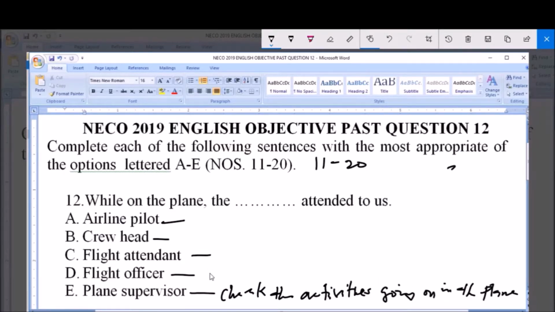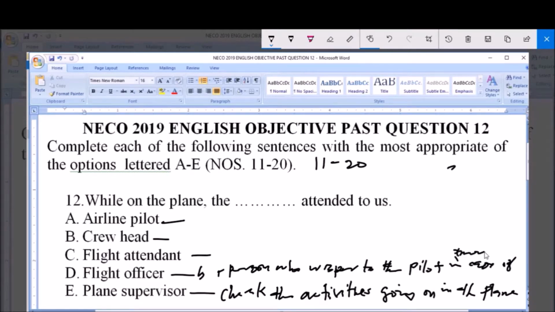Then flight officer is a person who whispers to the pilot in case of emergency.